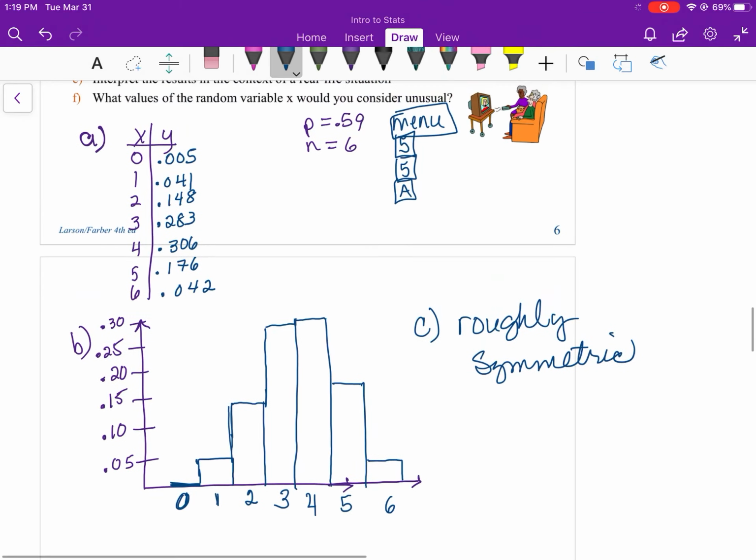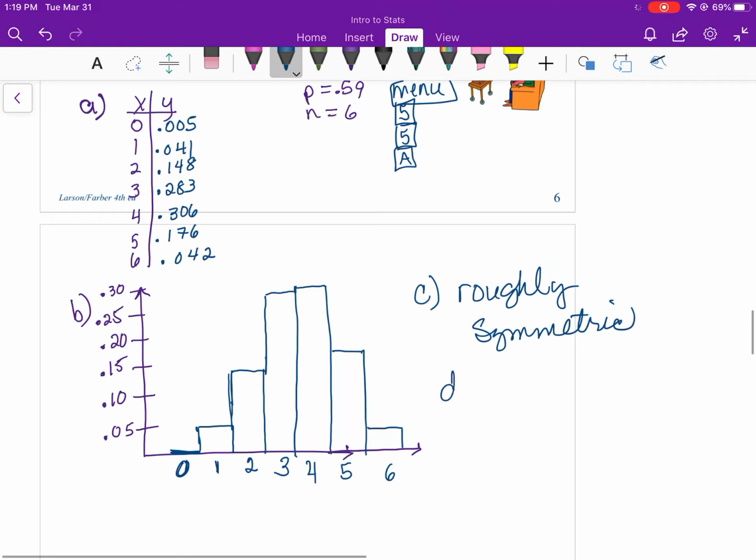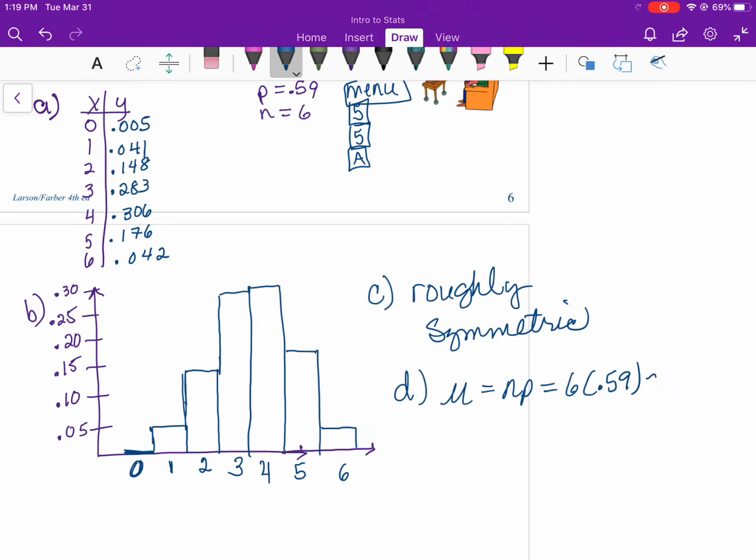All right, now part D. Find the mean. So mean is N times P, so that's 6 times 0.59. It's about 3.5.